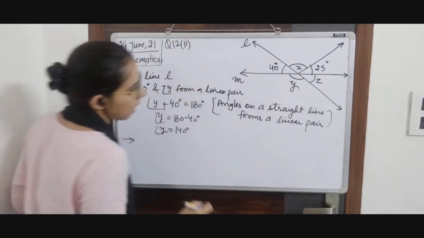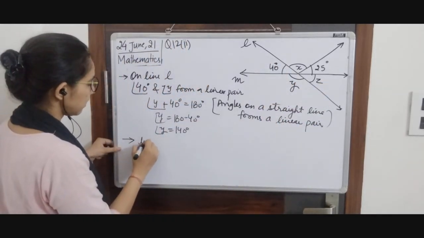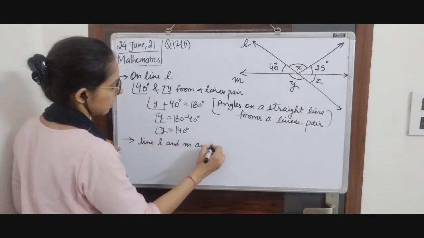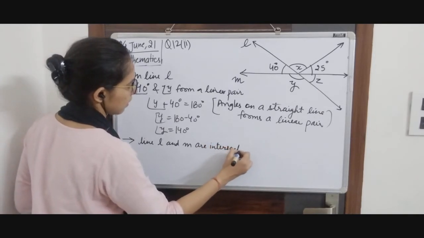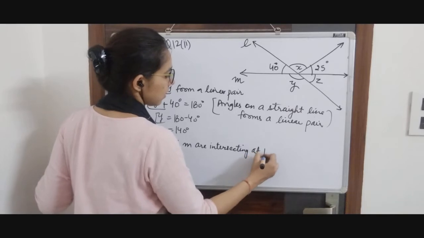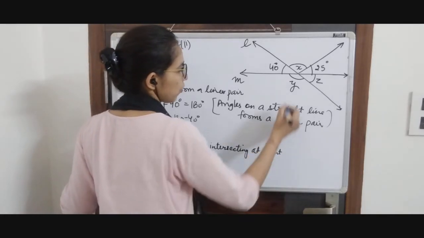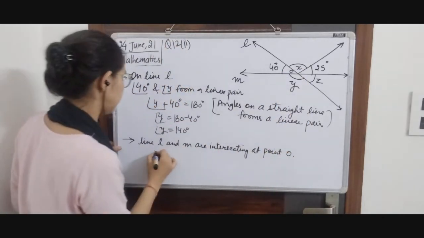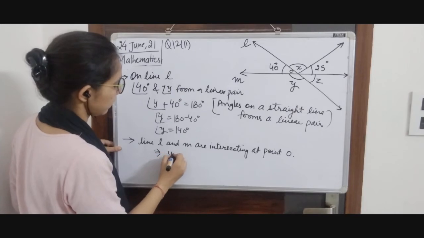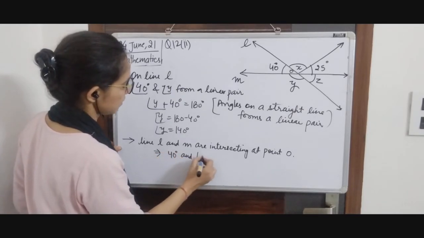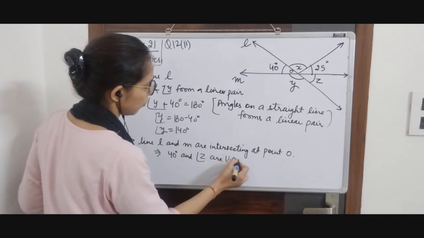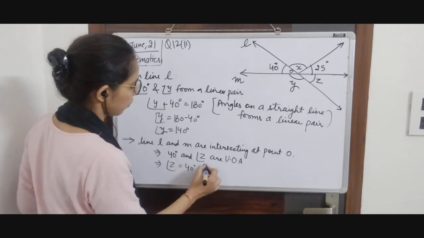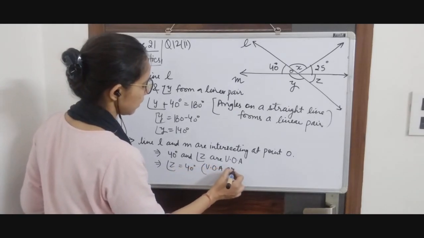Line L and M are intersecting at point, suppose this is O, okay, at point O, implies angle 40 degree and angle Z are vertically opposite angles, and because vertically opposite angles are equal, the angle Z is equal to 40 because vertically opposite angles are equal.